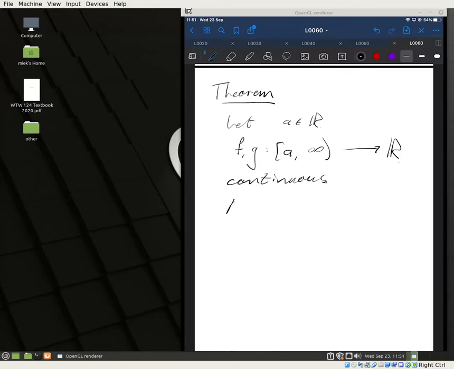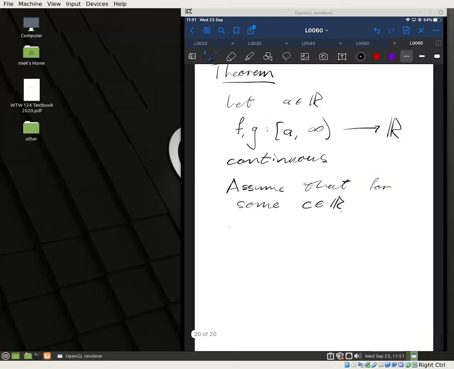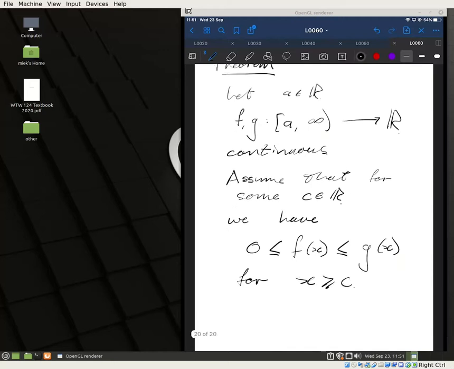And assume that for some point c in the real numbers, we have that 0 is less than or equal to f of x, which is less than or equal to g of x, for all x greater or equal to c.